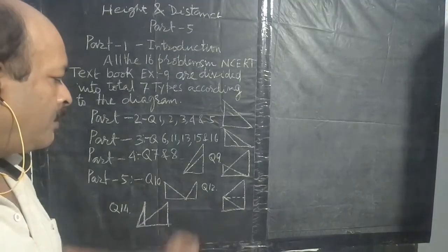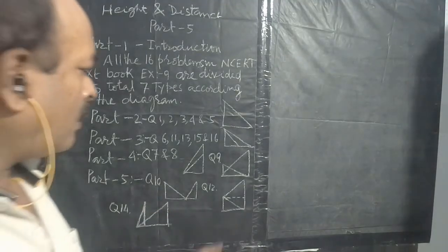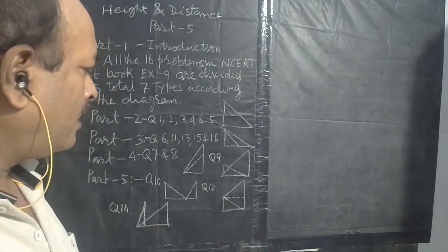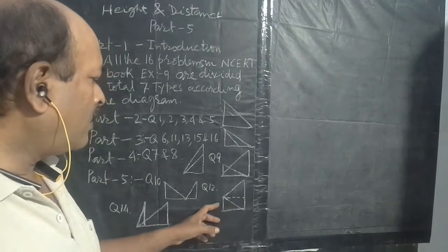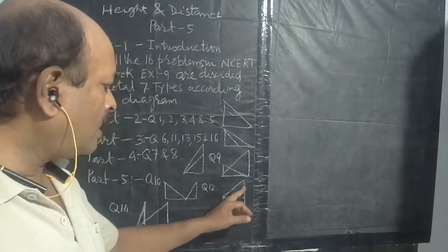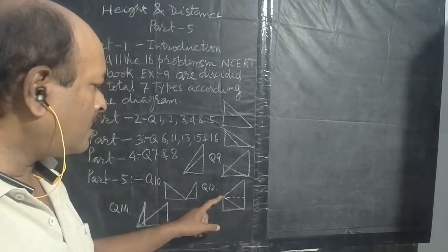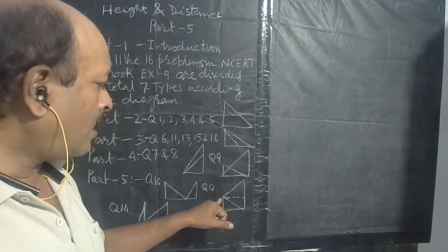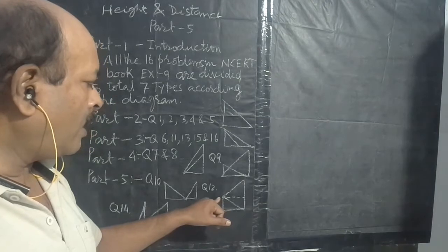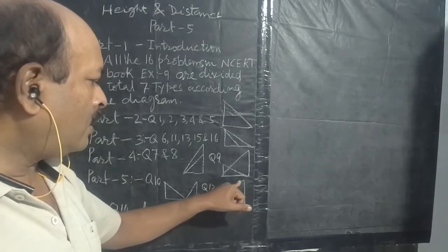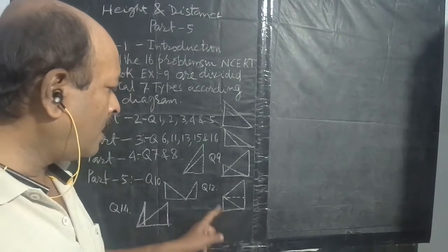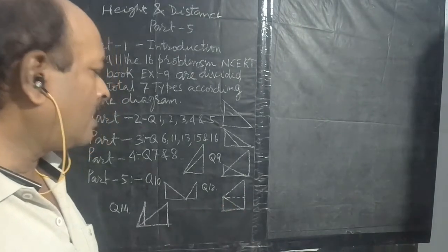In type 6, the horizontal line is the same for two right angle triangles. The horizontal line is the same, but the vertical lines differ, one smaller and one taller. The special thing here is that from the smaller vertical line, from the top, we are looking at the top of the taller vertical line and the bottom of the vertical line.